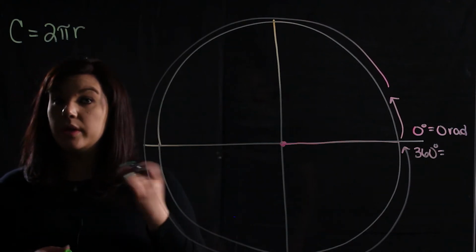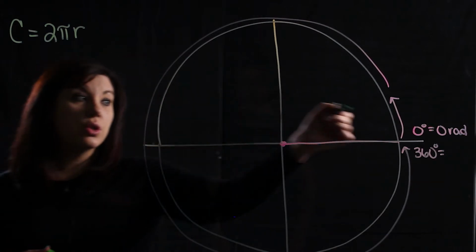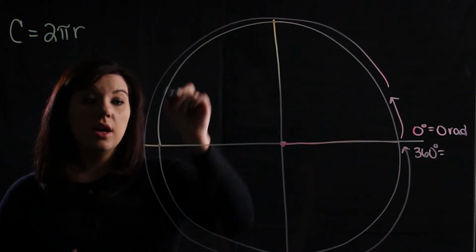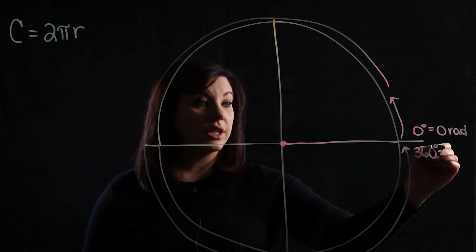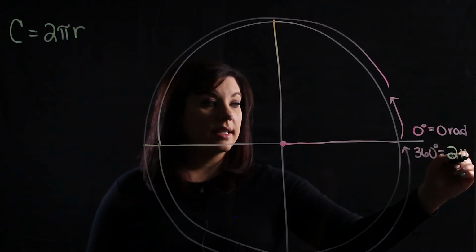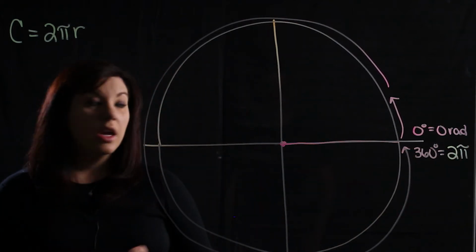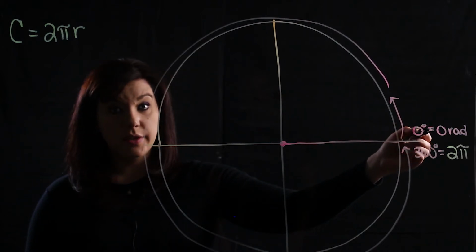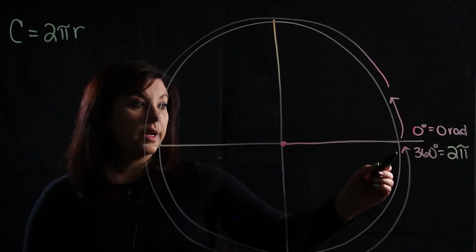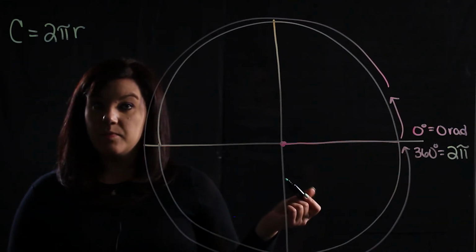And if you remember how we just defined a radian, we can think of that as 2 pi radians around the circle. So 360 degrees is the same thing as 2 pi radians. So the positive x-axis starting here is 0 degrees, 0 radians. If we go all the way around, we're at 360 degrees, which is 2 pi radians.